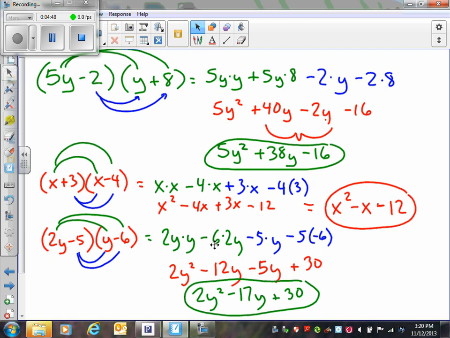But again, I put the negative number in front so I get that minus sign right there. Negative 6 times 2y is negative 12y. Inside terms, minus 5 times y, minus 5y. And then last terms, minus 5 times minus 6 gives me plus 30. And once again, two middle terms, like terms, negative 12 and minus 5 is minus 17. So 2y squared minus 17y plus 30.